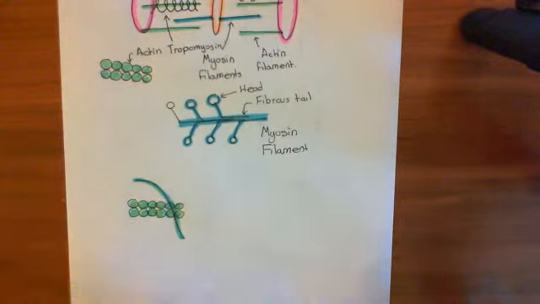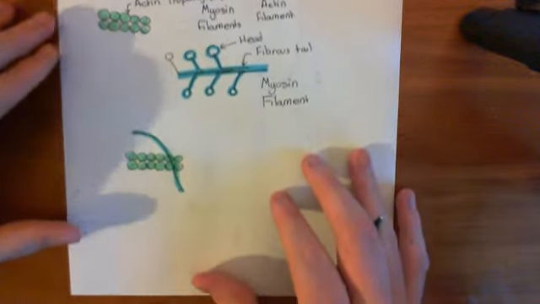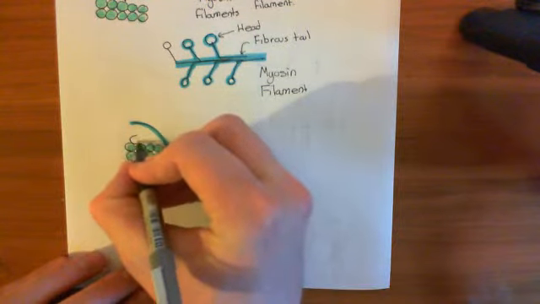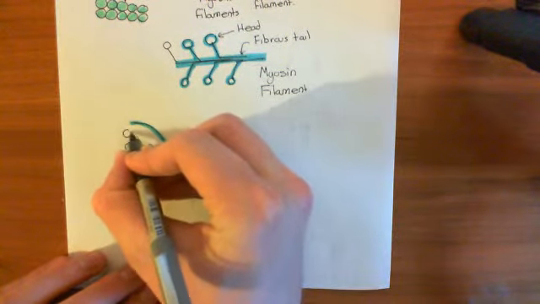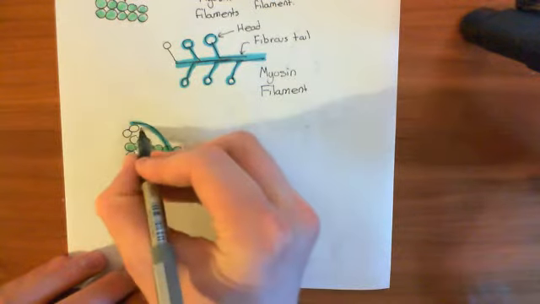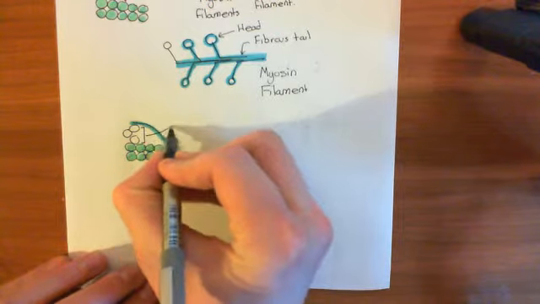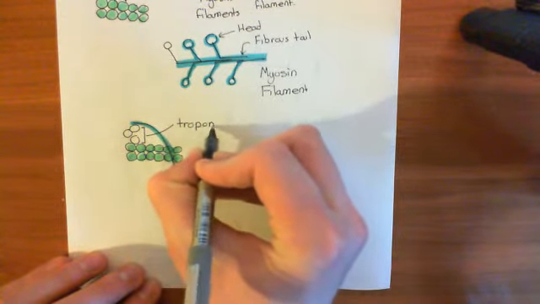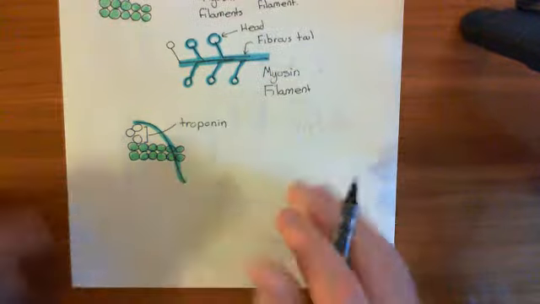Now troponin is actually a complex of 3 different proteins. So I'll draw these here. You have 3 separate proteins bound together, and these 3 blobs that I've drawn here are the troponin protein complex, many proteins all bound in a single complex.